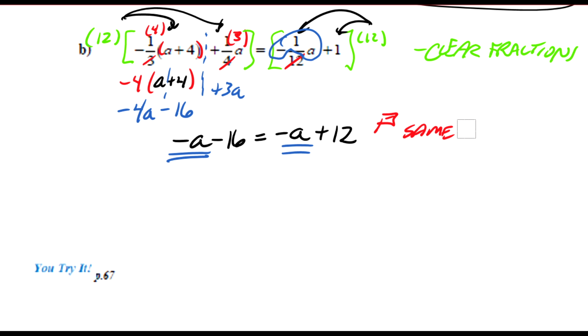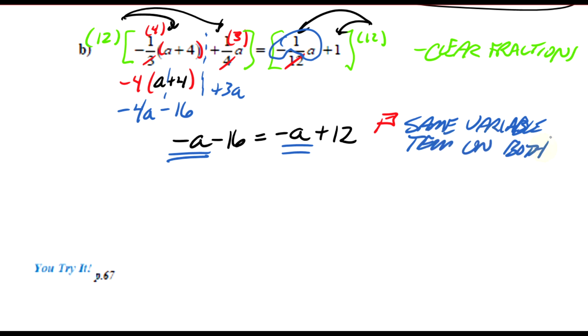We have the same variable term on both sides. Okay, so as I simplify my expression, I notice I have the same variable term on both sides. If I continue to solve, I would want to isolate the variable term on both sides.